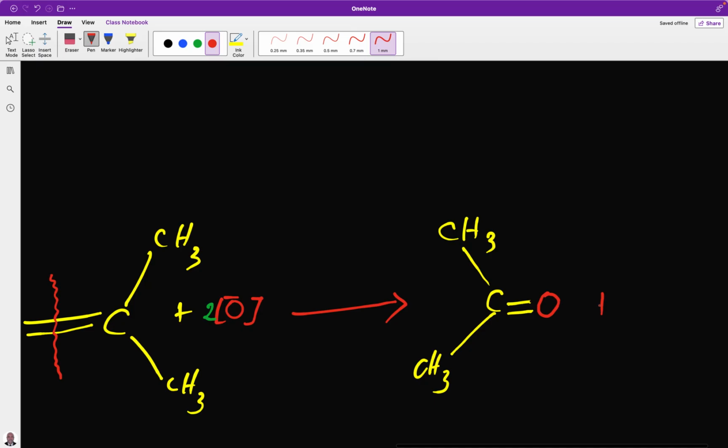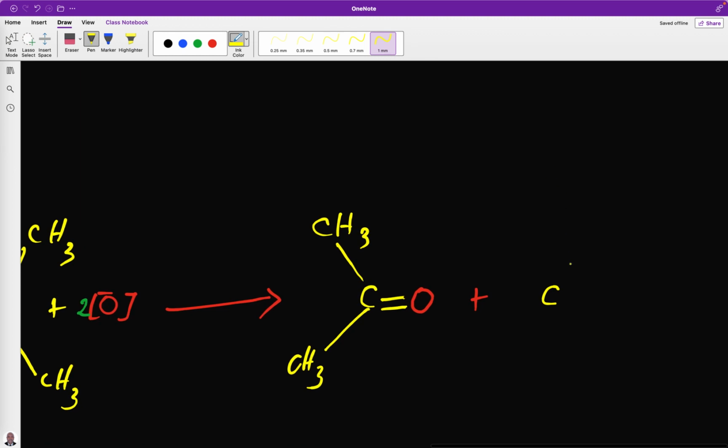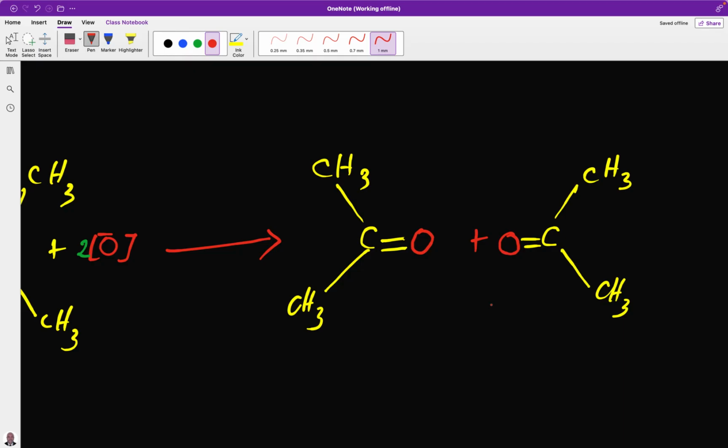Plus all these are what we call two molecules of acetone.